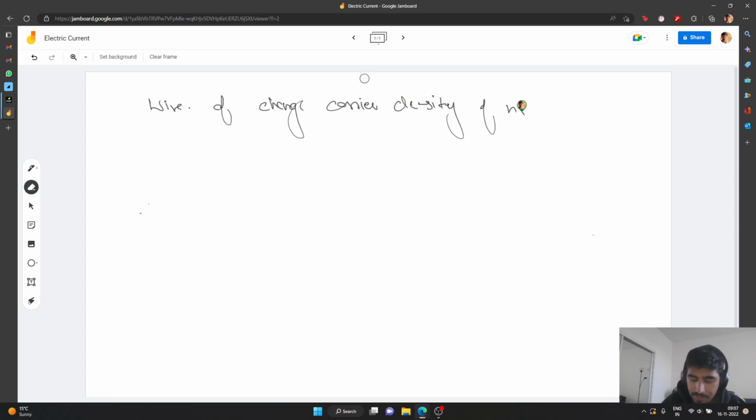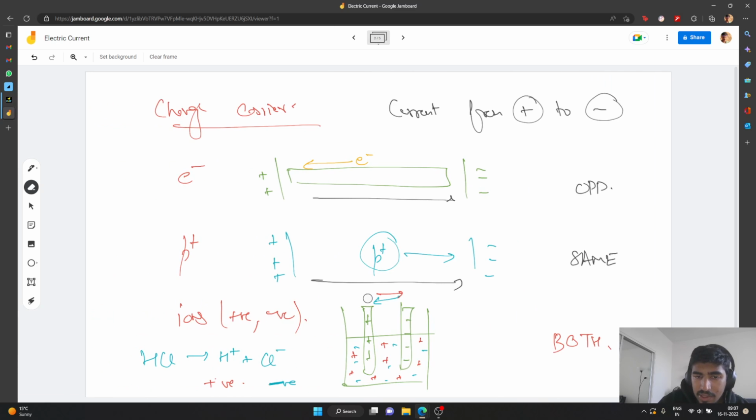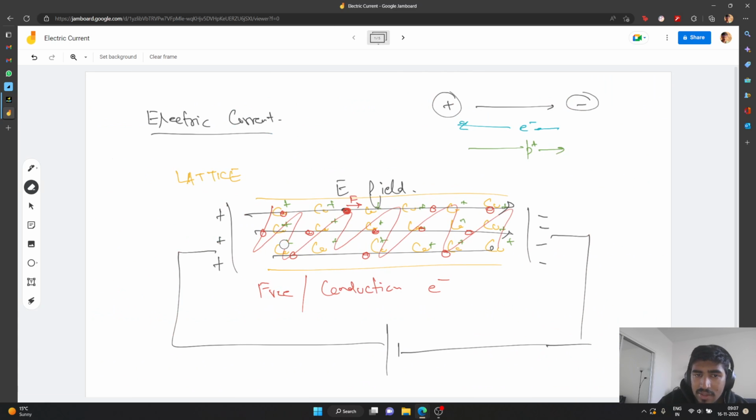What does that mean? So charge carrier, we know what it is. Say it is a wire, then the charge carrier will be electrons, and then we are talking about their density. So in this space, what is the density of these? We see that there are four per roughly this much length, and then again roughly 3 to 4.